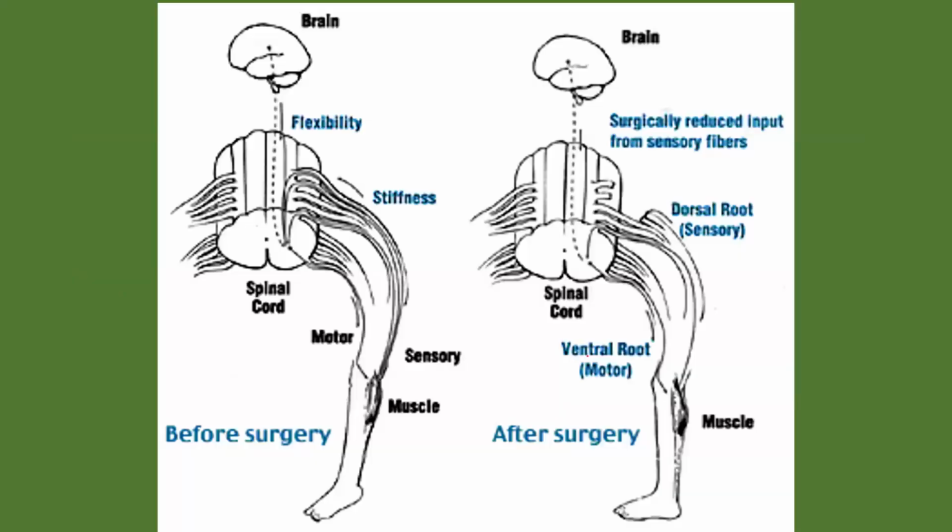This is a diagram showing how we do it. You can see on the right-hand side how the rootlets are being divided, and we selectively divide 50%. You have to keep in mind that you can occasionally do harm. You can overdo it by resecting more than what is required.